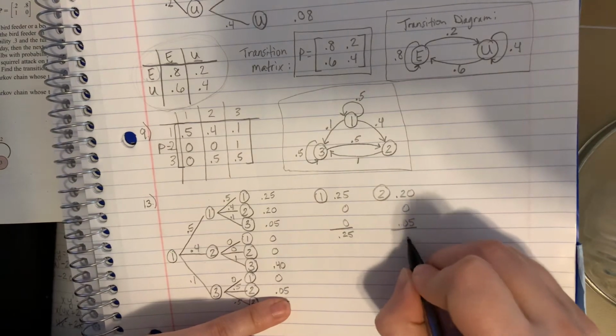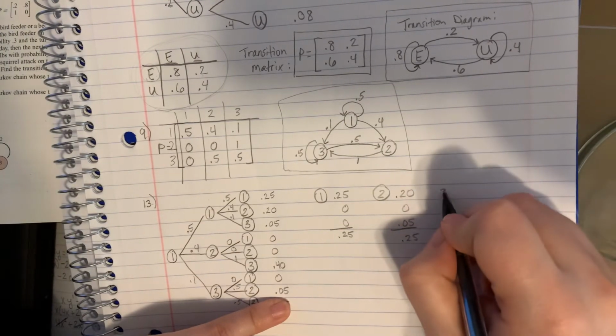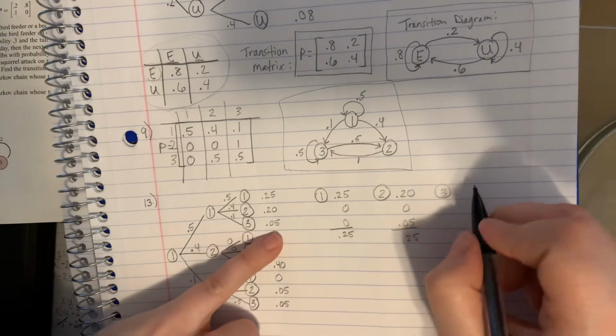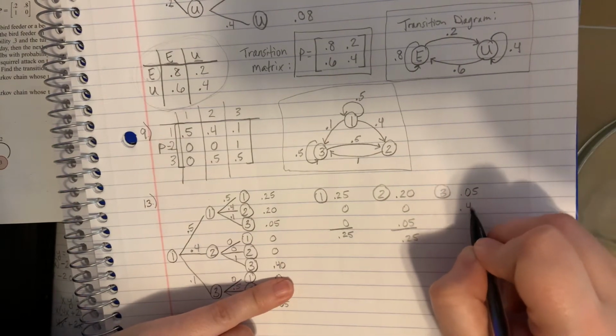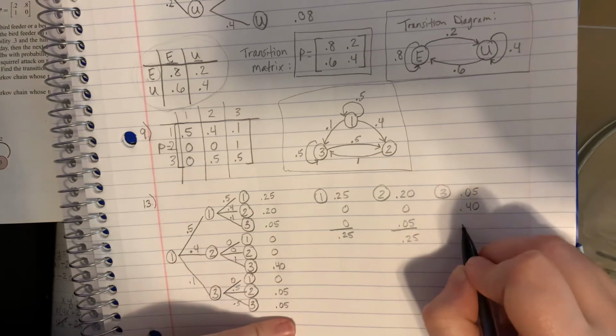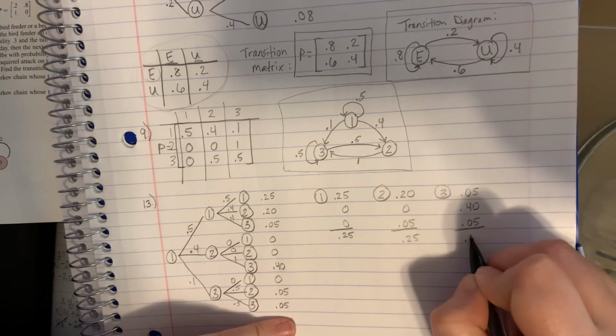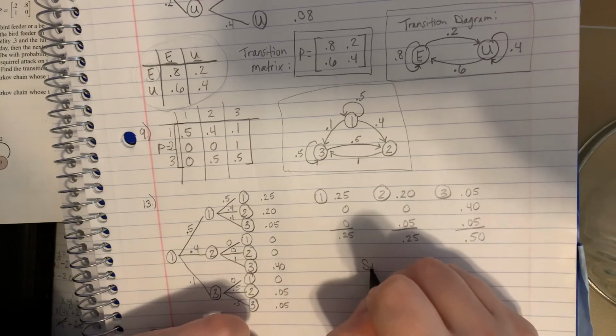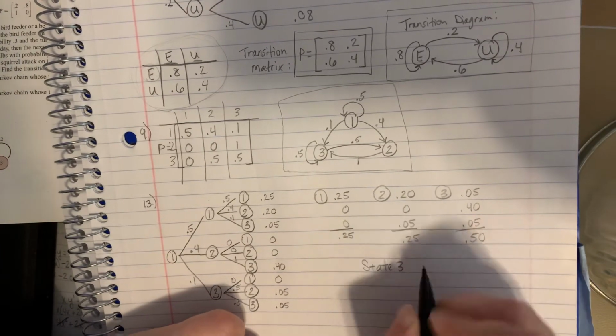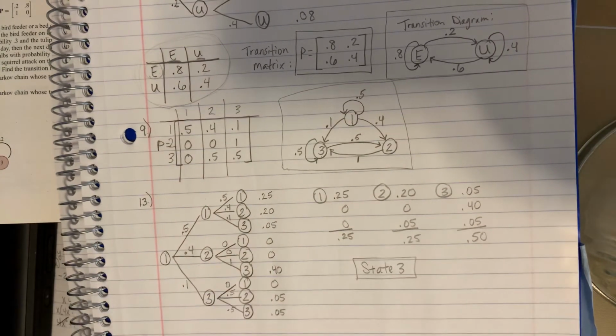So total, that's 0.25. And then state 3 was 0.05, 0.4, and 0.05, which is 0.5 or 0.50. So that means state 3 had the highest probability.